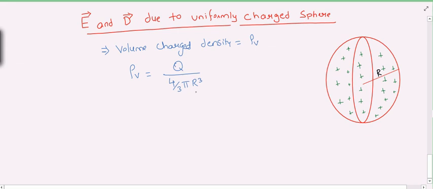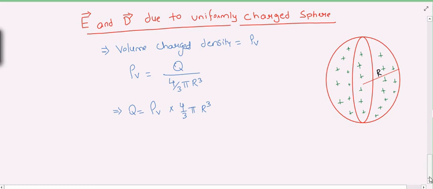So I can write q in terms of the volume charge density as rho v into 4 by 3 pi R cube. This relation will be used in the next cases. So now I want to find E and D due to this uniformly charged sphere. Again I have to find them in all regions, that is inside, on its surface, and outside the sphere.